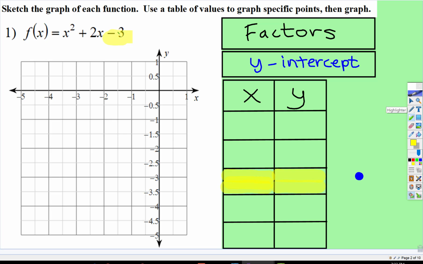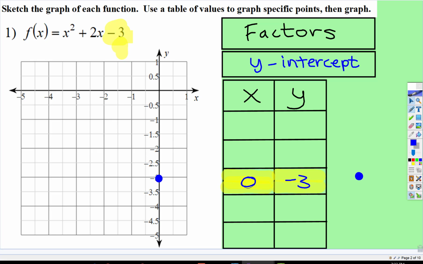Well, we know the y-intercept is always going to be when x is equal to 0. So this constant right here will always be it. We're going to be down here at -3. And it might be a good idea to just put a point right there so you don't forget about it.